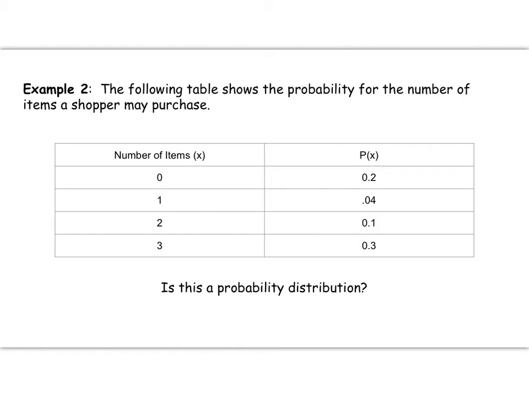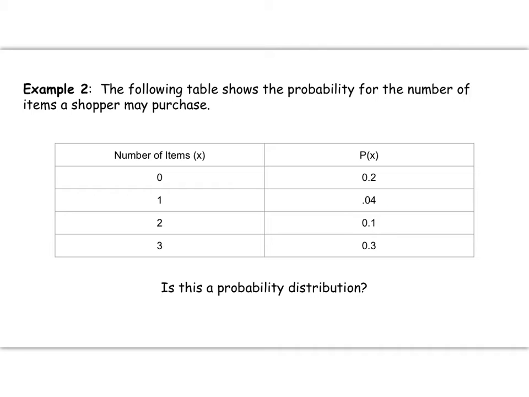Okay, I have a second example. This table shows the probability for the number of items that a shopper can purchase. First thing we want to ask ourselves, is this a probability distribution? Again, we're going to look at this last column and see, are these all values that are between 0 and 1, 0 and 1 included? So the probability of purchasing no items is 0.2.